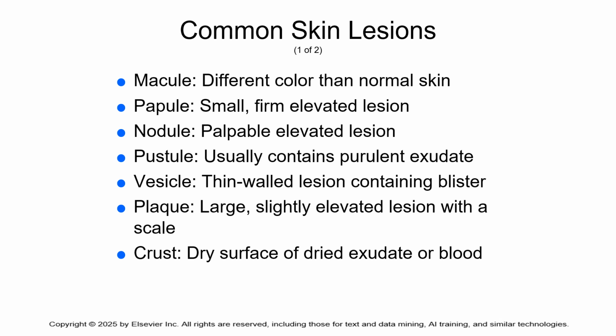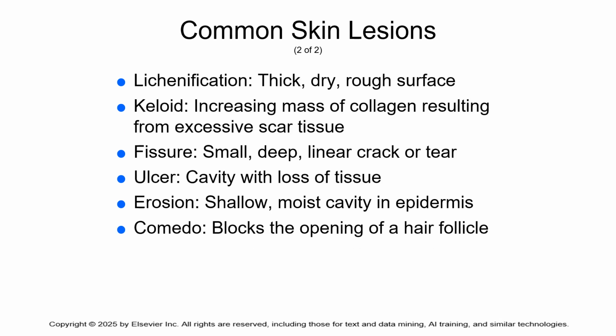A crust is when you have a lesion that maybe has been open to a certain extent and that has dried and kind of sealed off on the top with a little crust. Lichenification is a dry, thick, rough area on the skin.